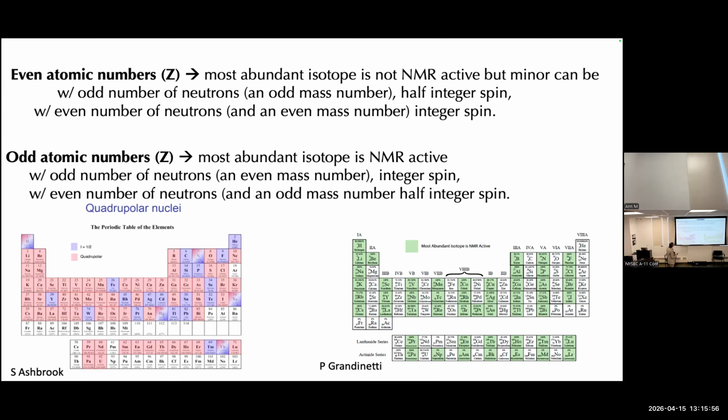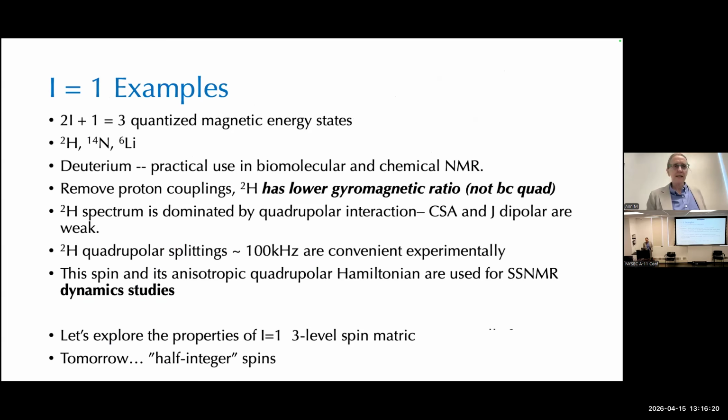If an even number, it will have an integer spin. It's just a pattern. There's no physics that I'm implying behind that, although there may be some. For odd atomic numbers, the most abundant isotope is active. If it's an odd number of neutrons, it'll be an integer spin. If it's an even number of neutrons, it'll be a half-integer spin. You'll find these rules work with almost no exception.